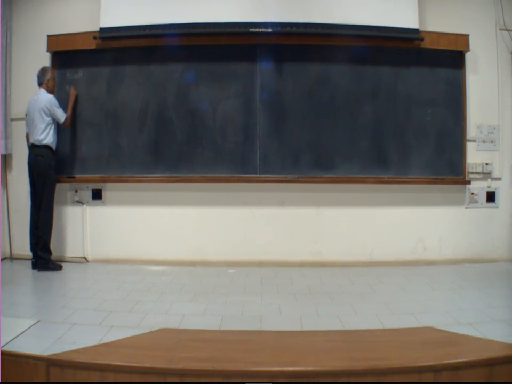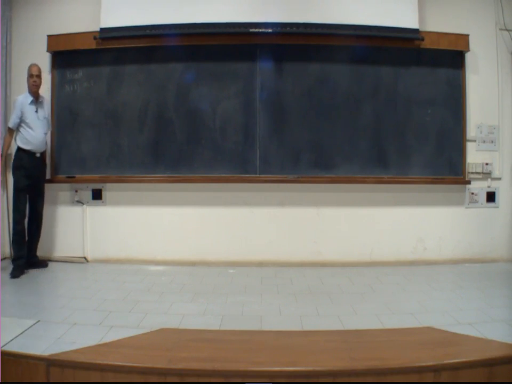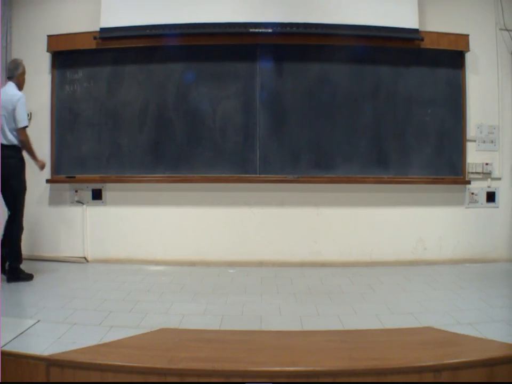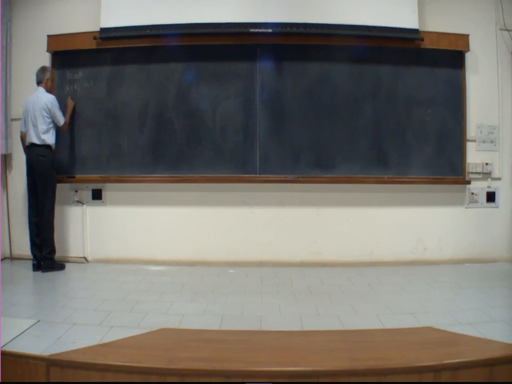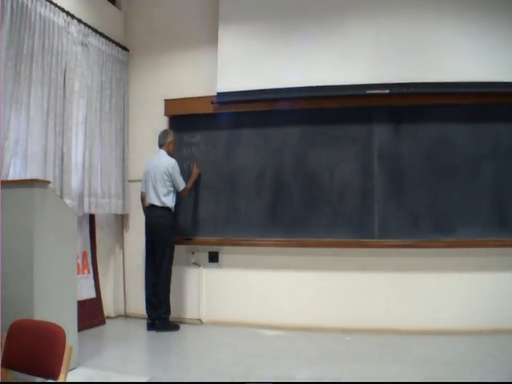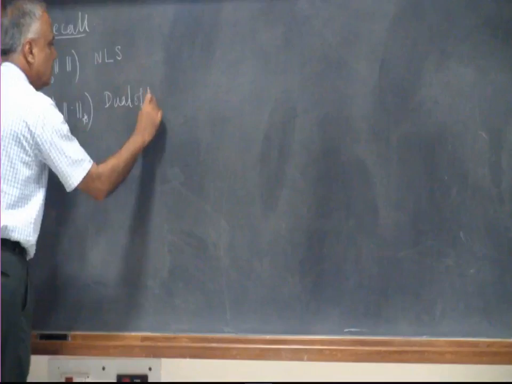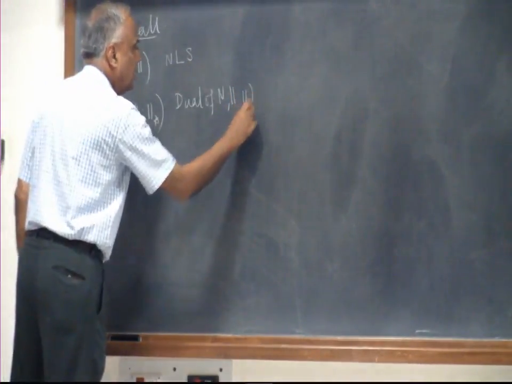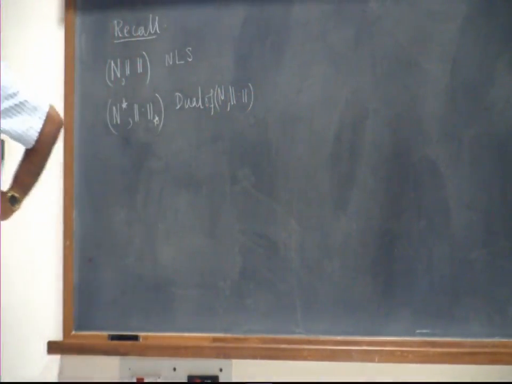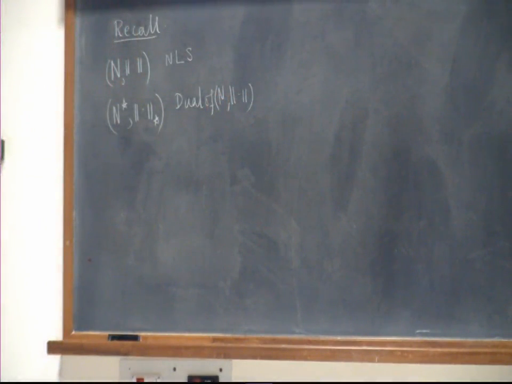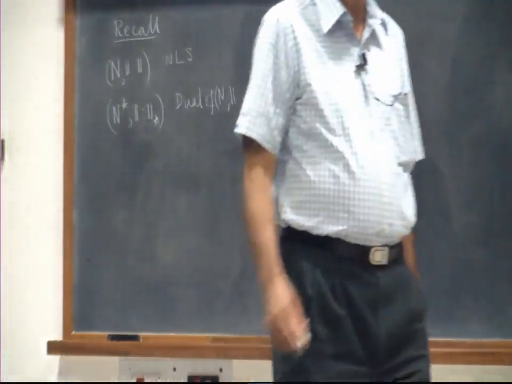We have a norm-linear space, which we denote by N with its norm. Then we look at its dual, that is the dual of the norm-linear space, and because the dual is also a norm-linear space, we can talk about its dual.